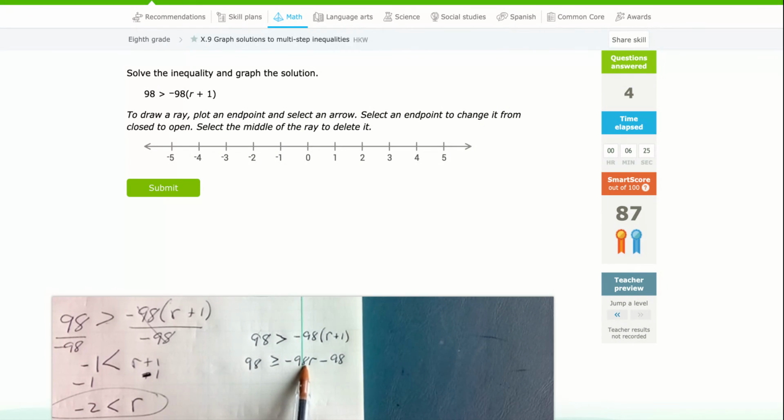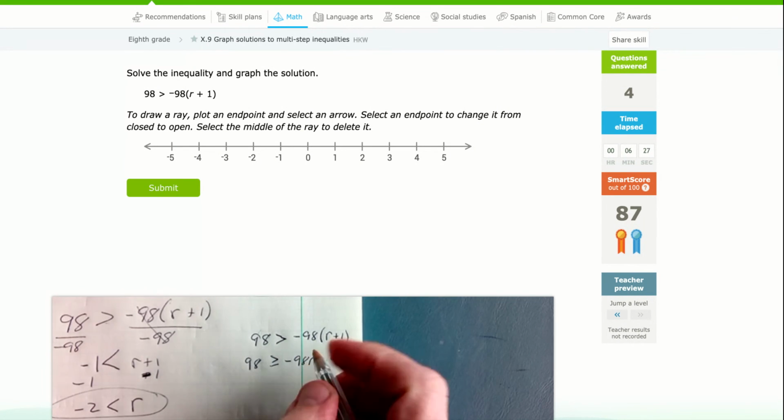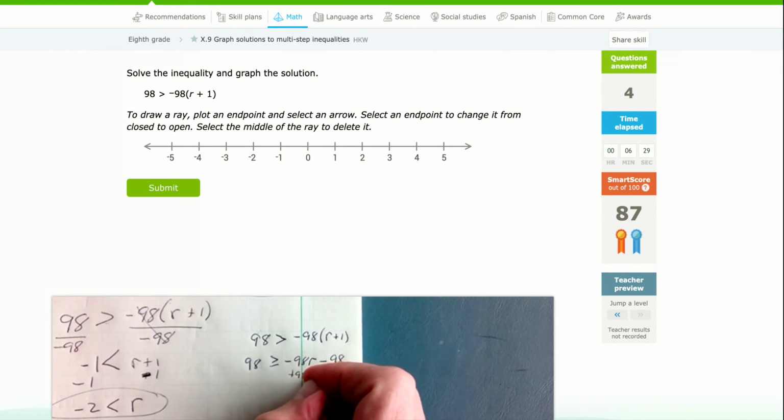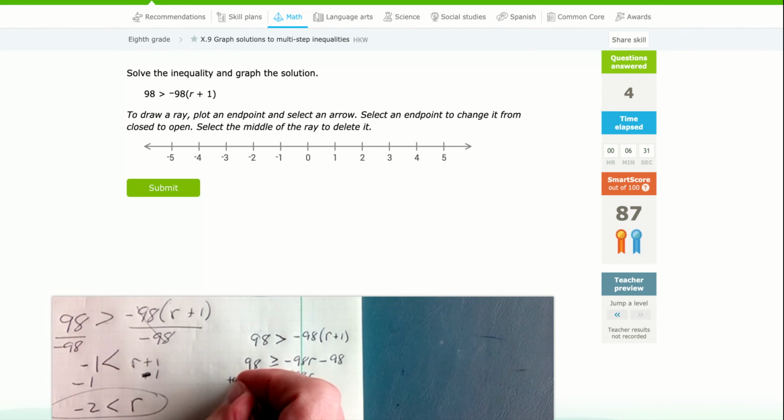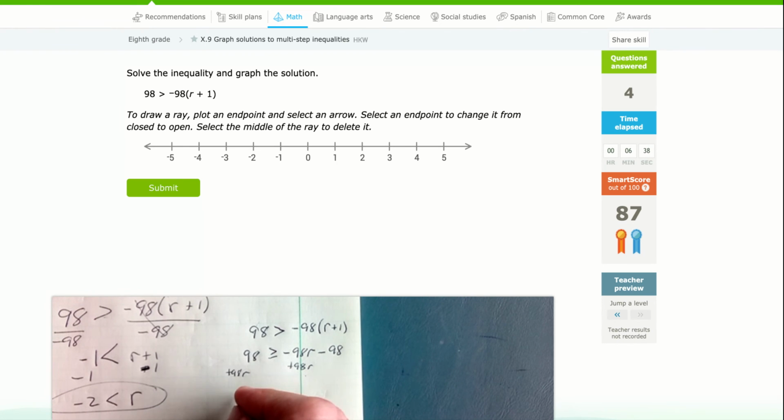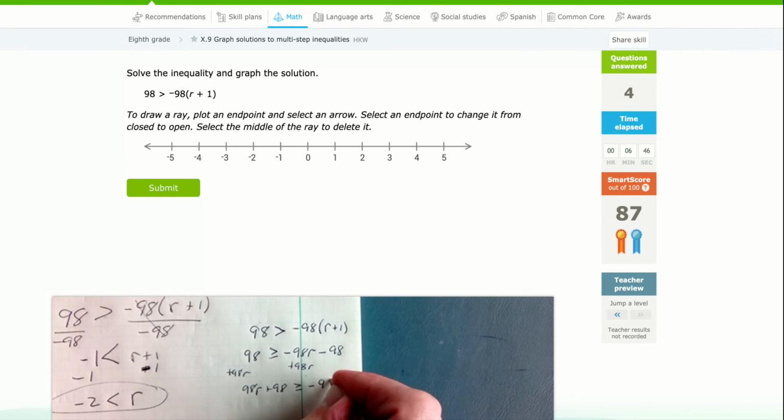Now what I'm going to do is add the 98r over, keep that r positive, or bring the r to the left side of the equation, I mean. So I have 98r plus 98 is less than or equal to negative 98. Now I'm going to minus 98, and so far I haven't done any addition or any multiplication or division of any sort, so I haven't had to flip these.